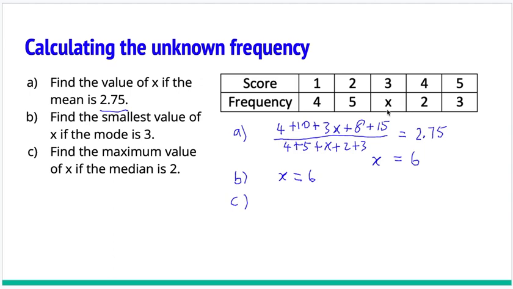So if it is the number in the middle, then there should be an equal number of scores on both sides. Here we have 9 scores, and here we have 5 scores. So the median must be in the middle, and the number of scores on both sides must be the same. Well, we can use a diagram like this.